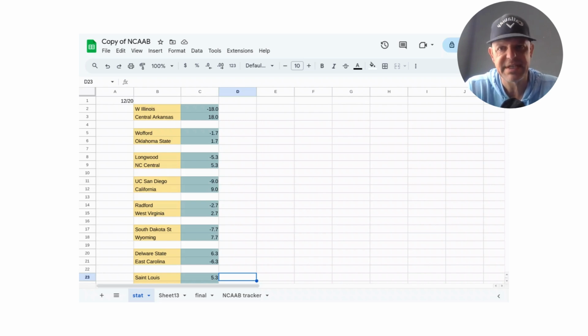If the book's line is, say, minus 10, we might say a potential play would be if we have at least a 5-point differential, meaning a 5-point difference between my line and the sportsbook line. If the sports betting line was minus 10 in this game, our line is minus 18, we have what we call an 8-point differential. And if our criteria is a 5-point differential, then that would qualify as a potential play.